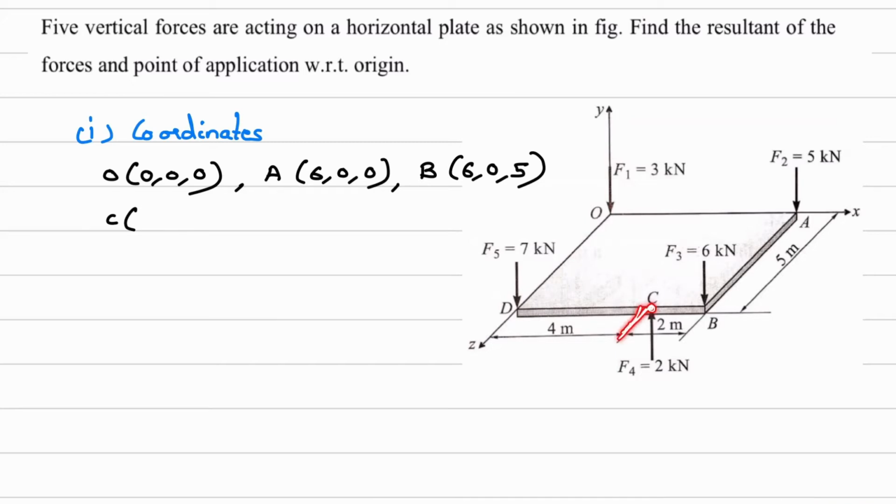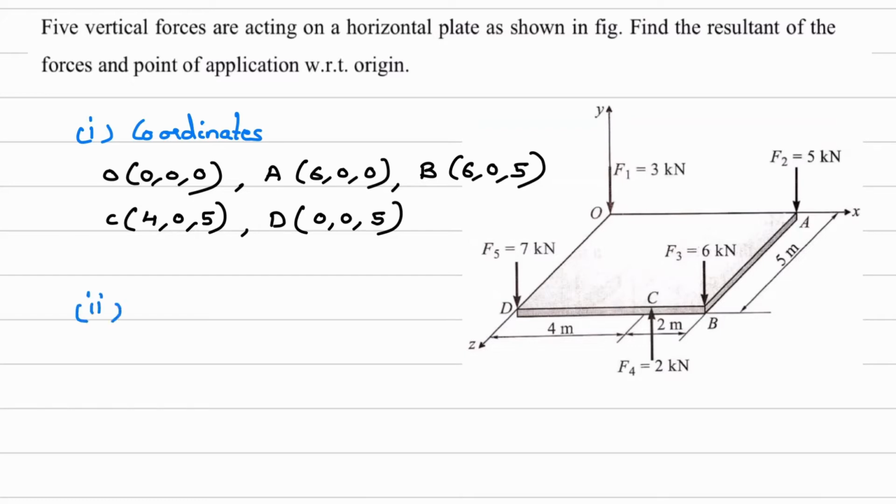What is the X distance? 4, Y distance 0, and Z distance 5. Point D. X is 0, Y is 0, and Z is 5. So D is 0, 0, 5. So we have completed the first step, writing coordinates.